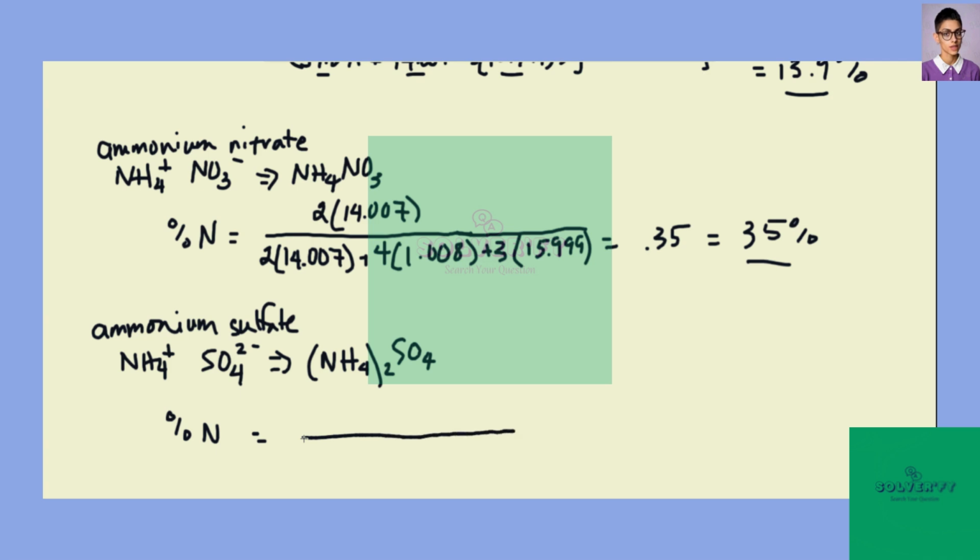So my percent nitrogen is the molar mass of the whole compound. There are 2 nitrogens plus 4 times 2, or 8 hydrogens, plus 1 sulfur, plus 4 oxygens.